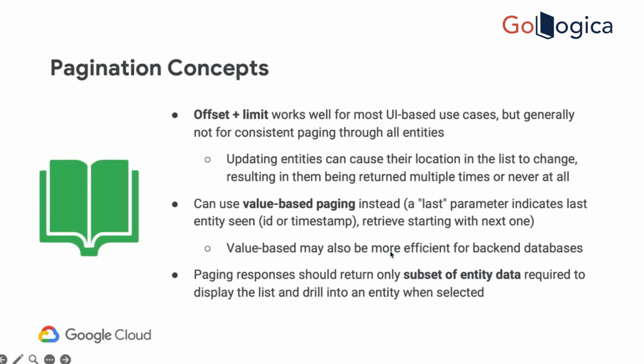In value based paging, we provide a parameter named last. In the last parameter, we can provide the last UUID from the database, the last unique identifier, the last record ID. Or we can provide a timestamp.